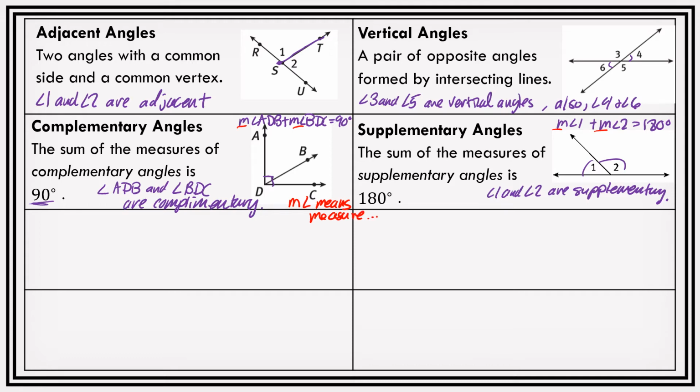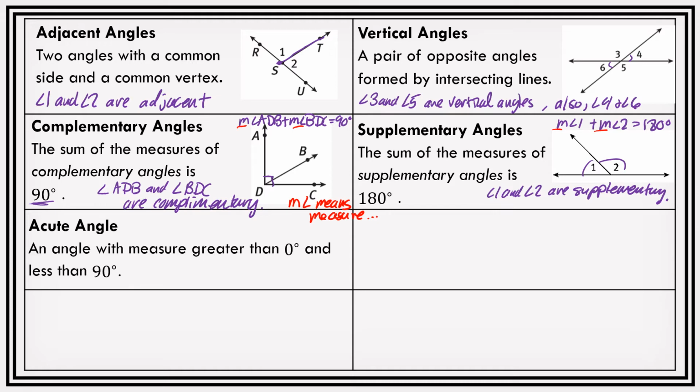Okay, next, an acute angle. This is a type of angle, and we're going to talk about its degrees, or what its measure is. An acute angle has a measure greater than 0 and less than 90 degrees. That generally looks something like this. Acute angles tend to look like that. So its measure is less than 90 degrees, but greater than 0.